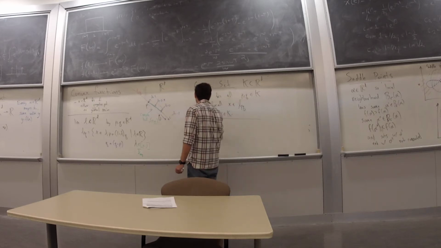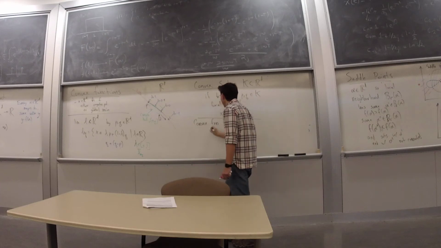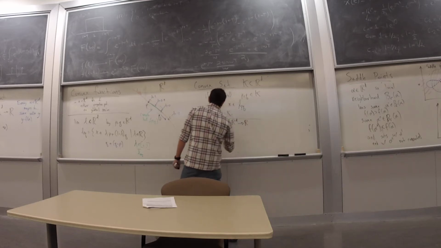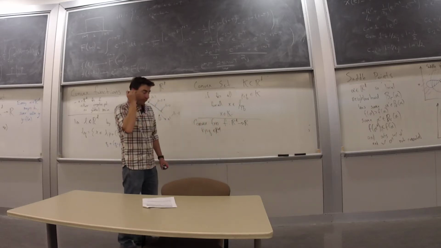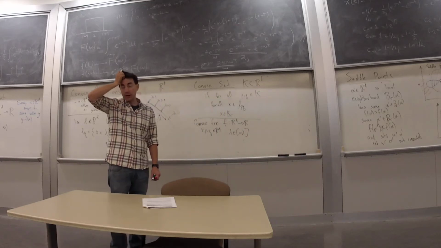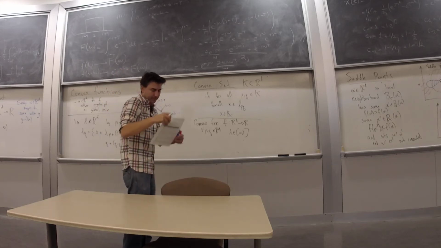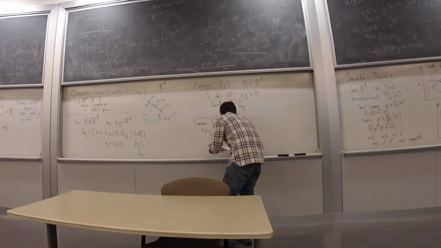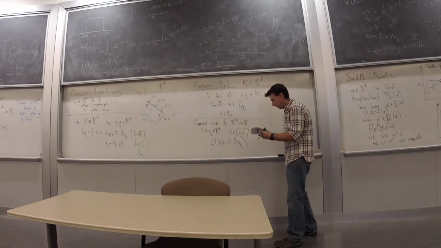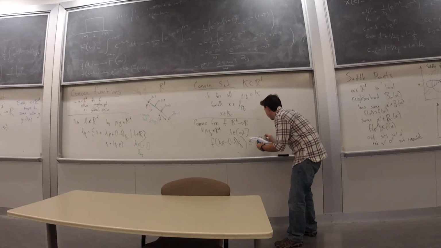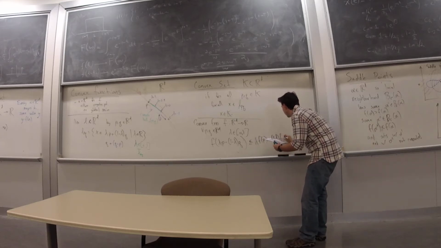So, a convex function f is one where for all P and Q in Rd and lambda in 0, 1, we're going to have the property that f of lambda P plus 1 minus lambda Q is going to be less than or equal to lambda of f of P plus 1 minus lambda f of Q.